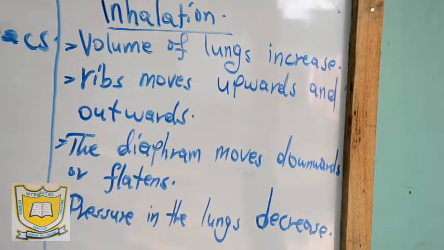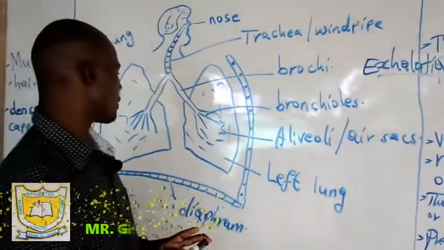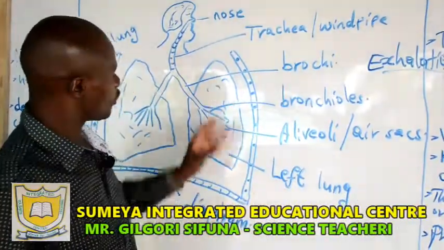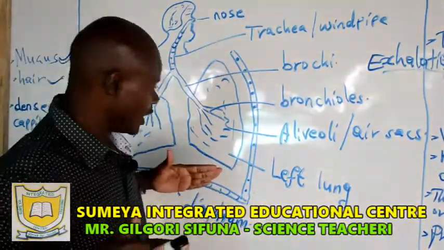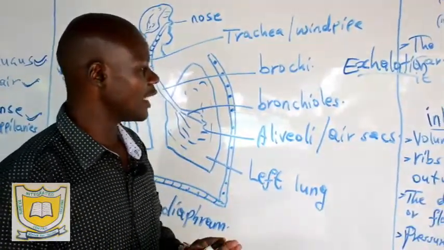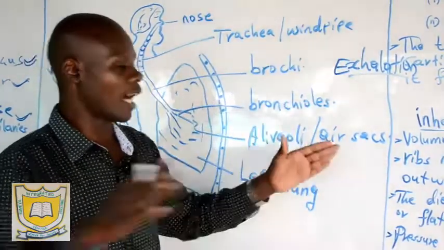The ribs have to move out because the lungs have increased in volume, so the rib cage moves out to create that space. And as they move out, they also move upward. So the ribs move upward and outward.